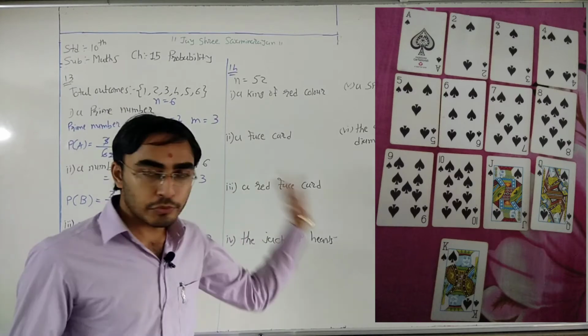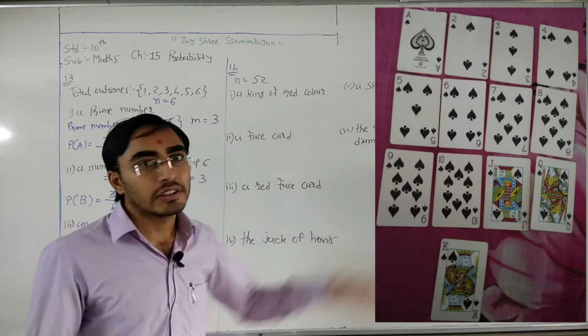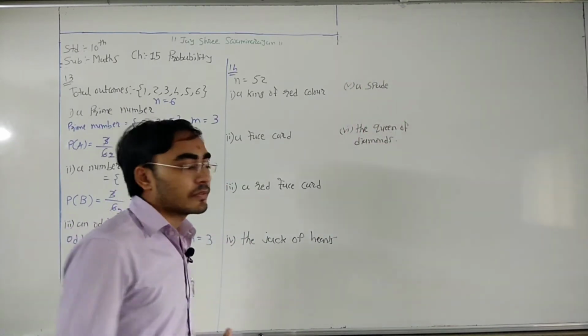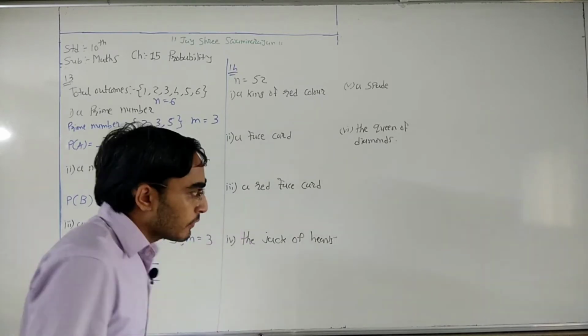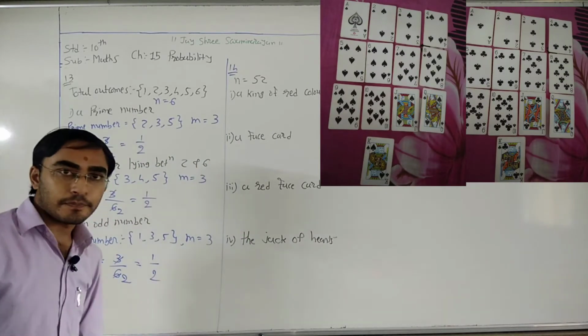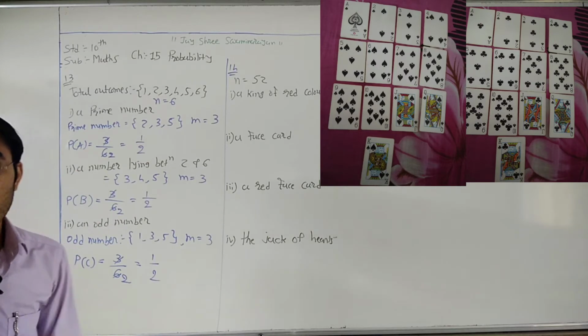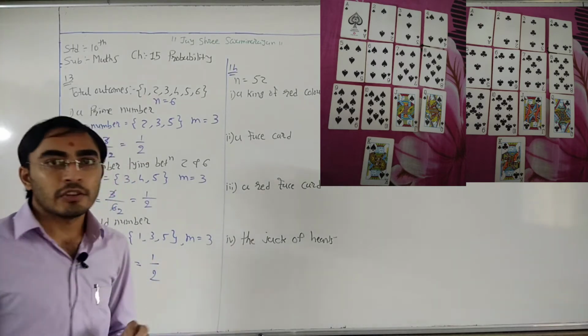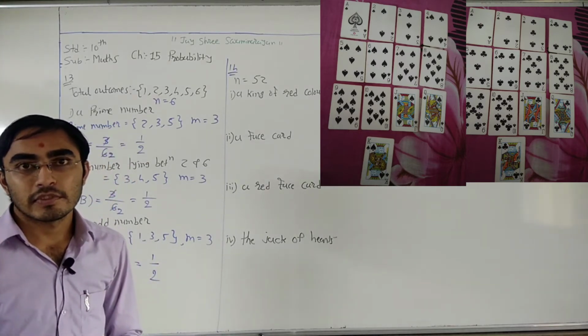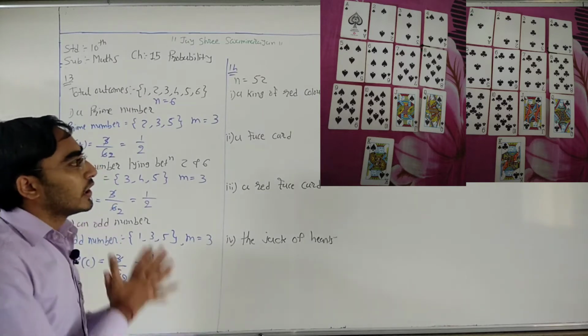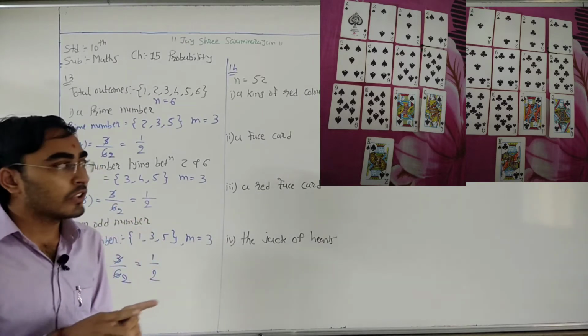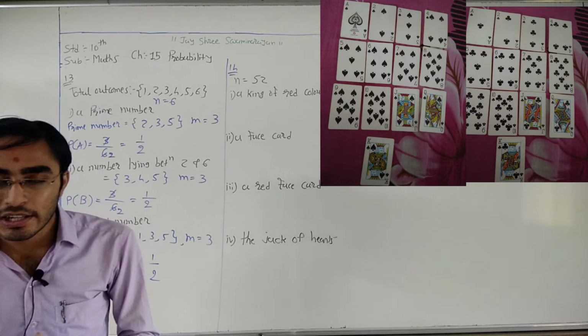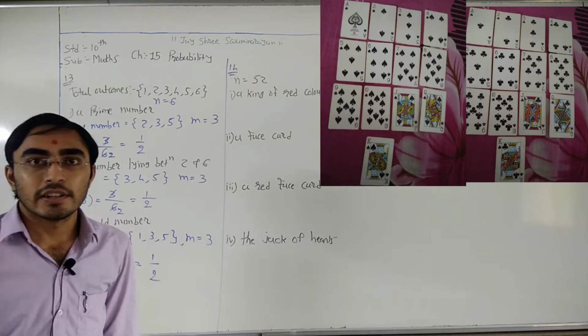We can see the face of Jack, Queen and King. So those three face cards we have here, right? And if you look at both these patterns together, club and spade, in both these patterns we have same color, black color, right? So 26 cards are there of black color, spade and club together.